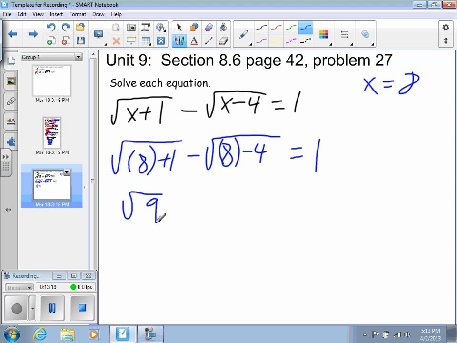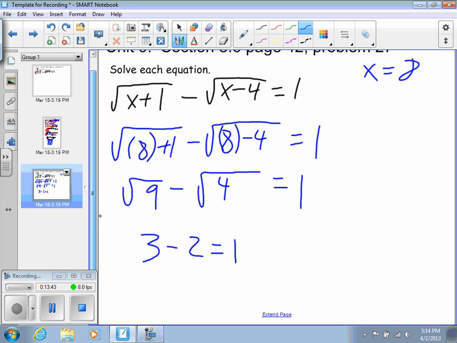So we've got the square root of 9 minus the square root of 8 minus 4 would be 4. So the square root of 4 equals 1. Okay. So the square root of 9 would be 3. Square root of 4 would be 2. And 3 minus 2 indeed does equal 1. So 1 equals 1, and the problem checks.